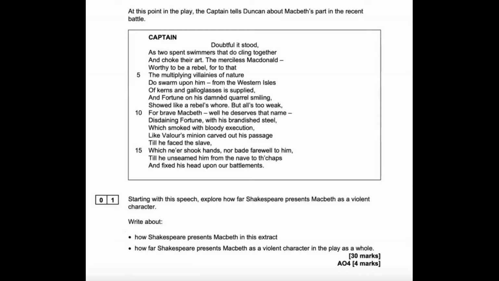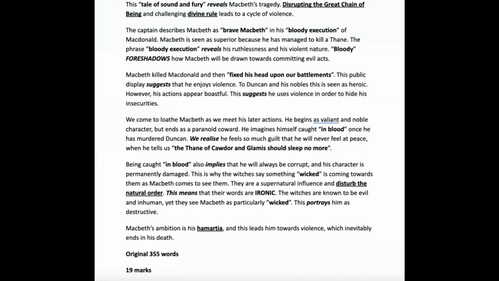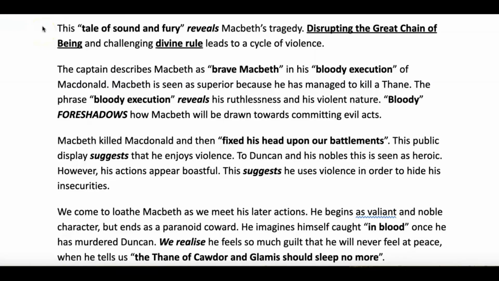Our question comes from the June 2019 paper, and it is about the violence of Macbeth's character. Here's the extract for you to look at your leisure. We are going to read a grade 6 answer that is only 355 words long. So we begin with a thesis statement which attempts to give Shakespeare's idea.